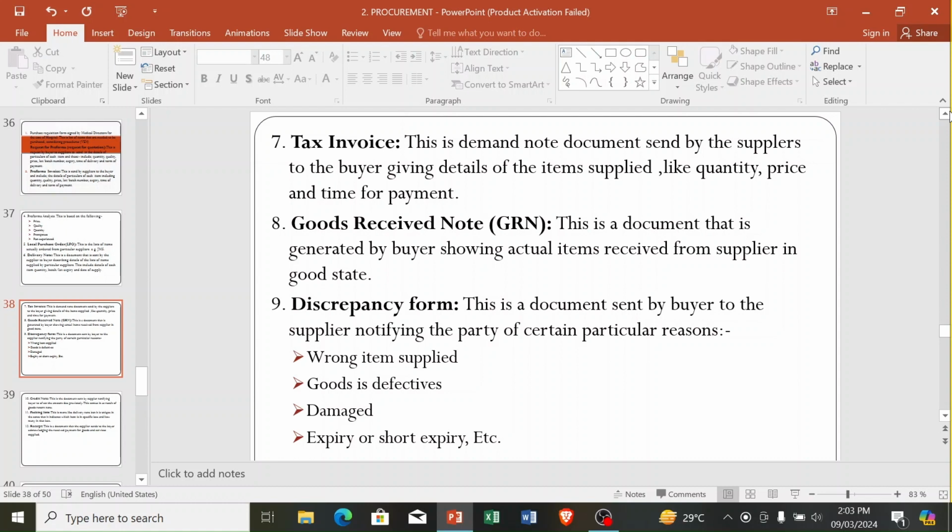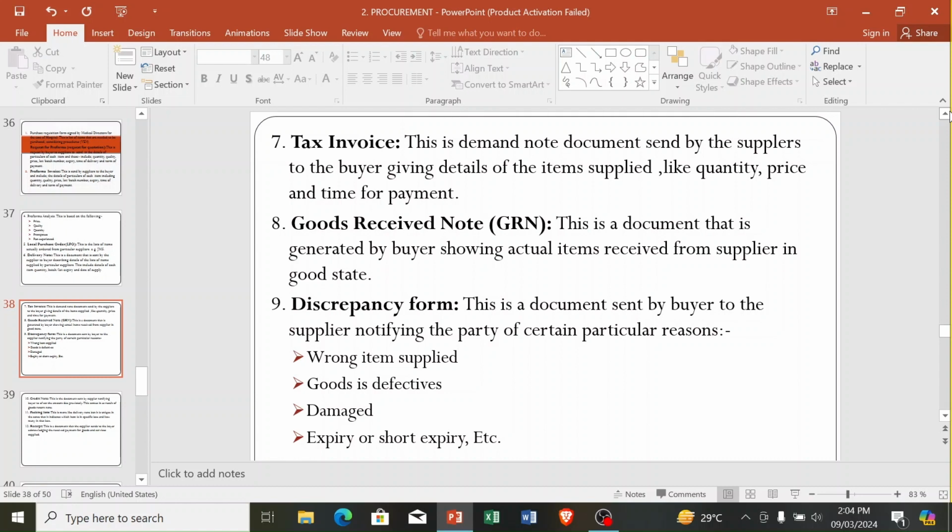certain particular reasons. For example, we have wrong items supplied, defective goods, and then damages, expiry or short expiry. These are some of the defects that we can have after we have received the goods.